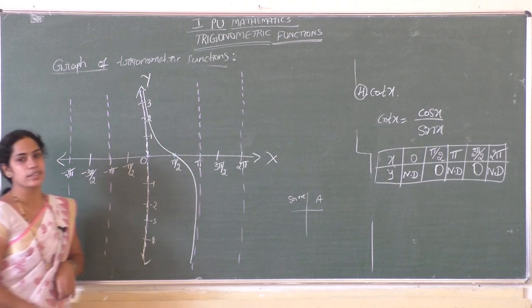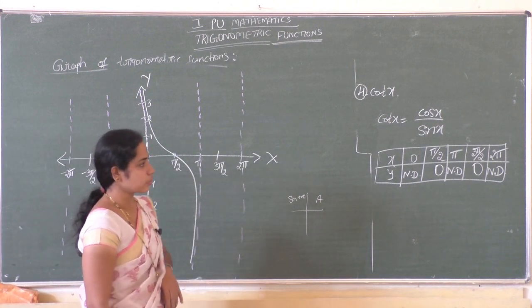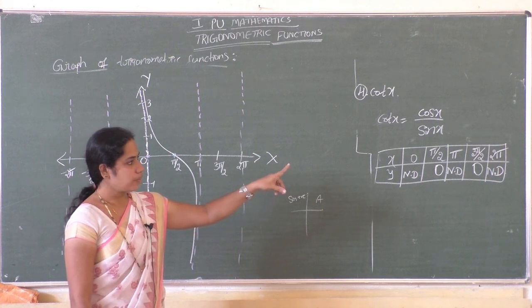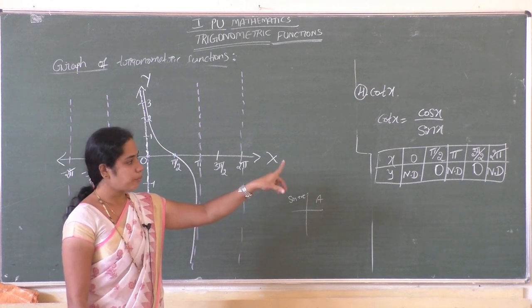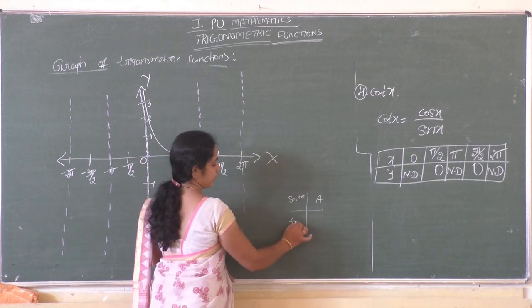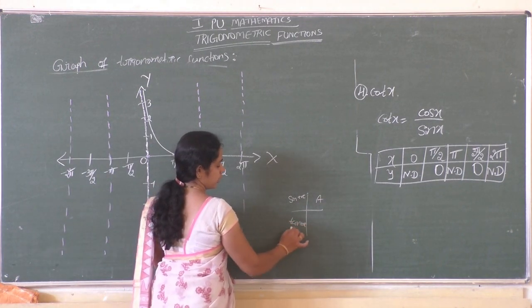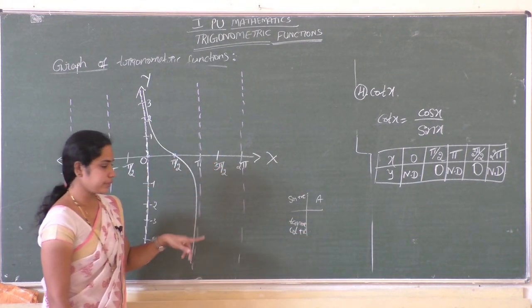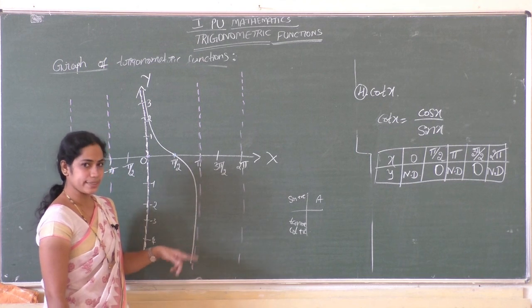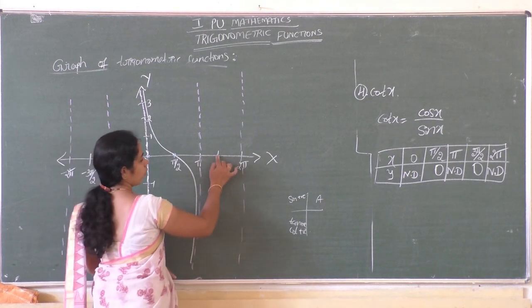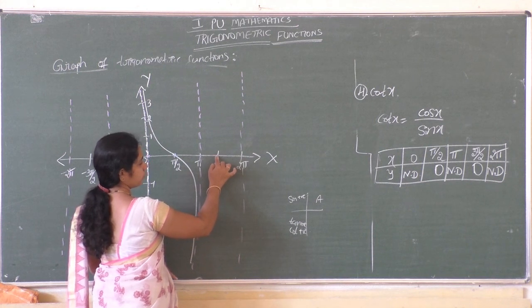So it goes from 0 to minus infinity. Let's see the third quadrant, pi to 3 pi by 2. In the third quadrant tan is positive, that means cot is also positive.